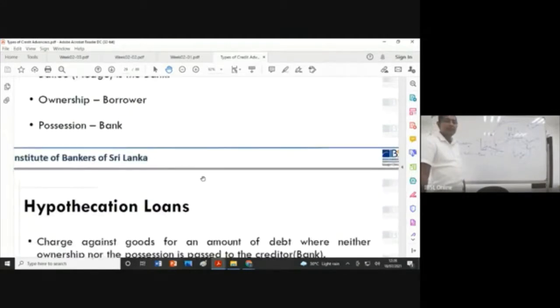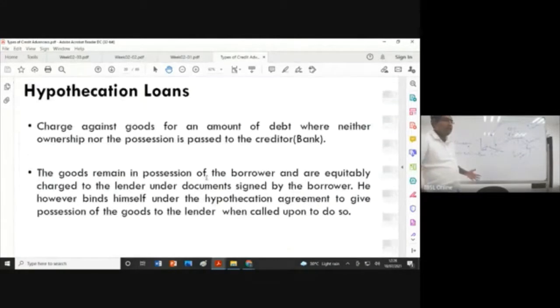Then we have the hypothecation loan. Here, the bank will not get the ownership or the possession. We have given money, goods are with them, and it is equitably assigned to the bank.